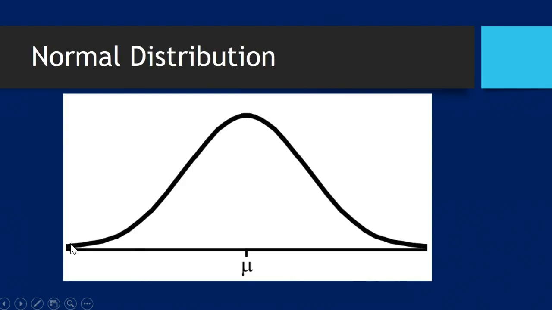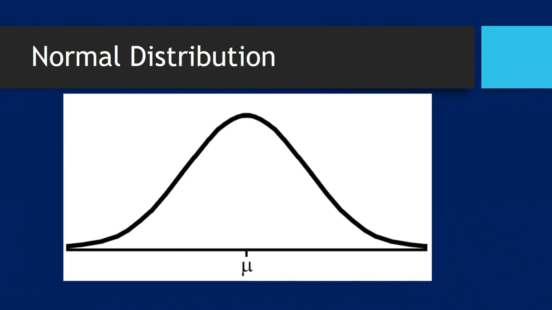And so what we're going to do is we're going to pretend that instead of having discrete variables, or instead of breaking up things into classes, let's just use continuous data, and we're going to assume that it's going to transform into a histogram with this shape if I let the limit of those classes go to 0. In other words, go from an inch to a tenth of an inch to 100th of an inch to 1,000th of an inch. And we get this smooth curve. So this smooth curve is the normal distribution.